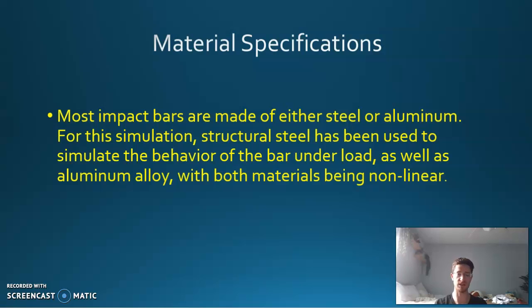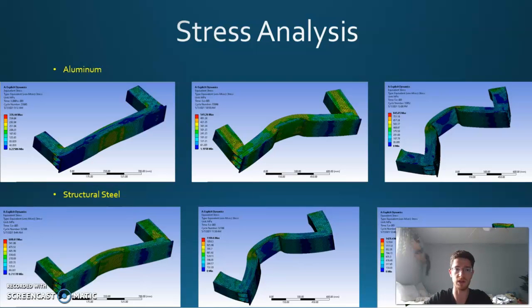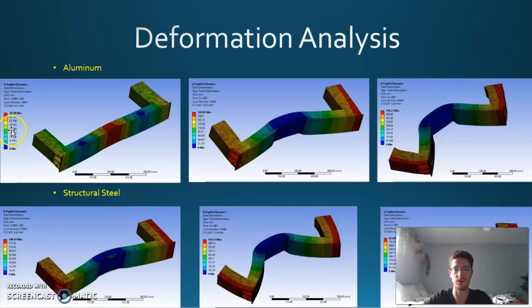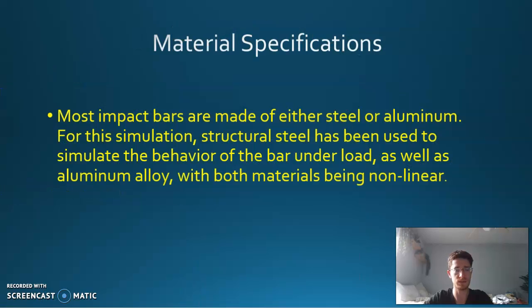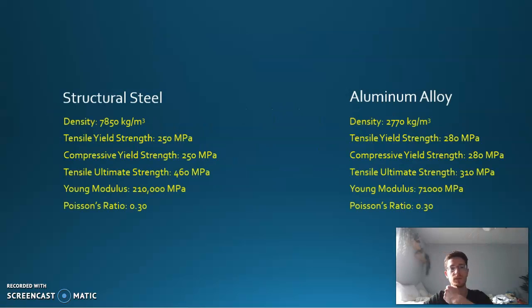So because of that, I just decided to use the standard aluminum alloy and structural steel alloy for the simulation, which most definitely impacted a little bit the deformation and the stress analysis, since we don't have the specific details, specifications of these materials.